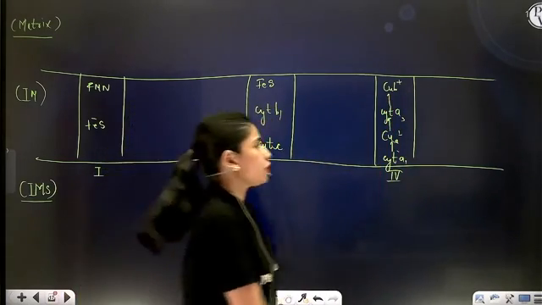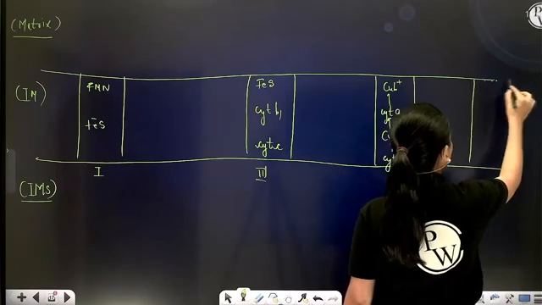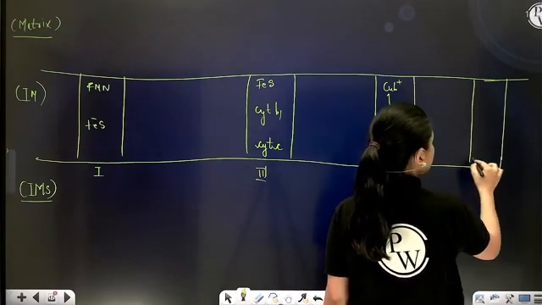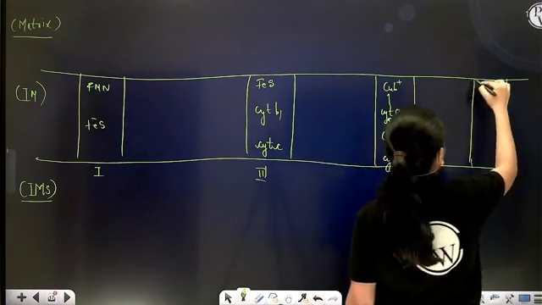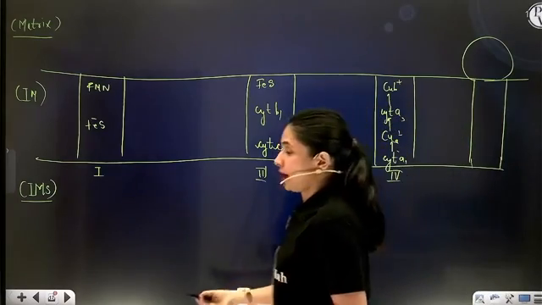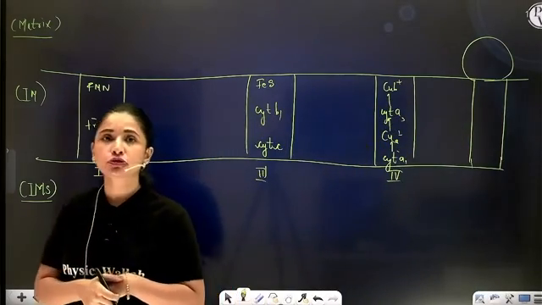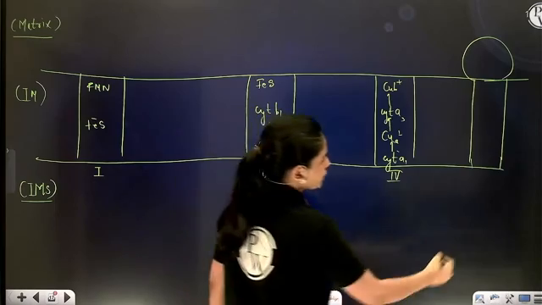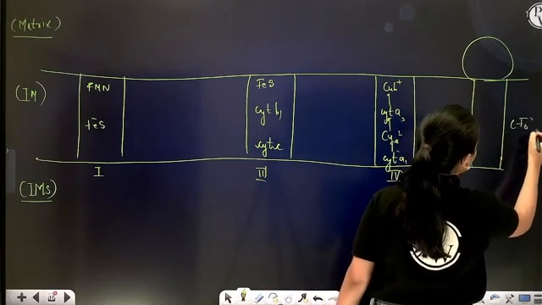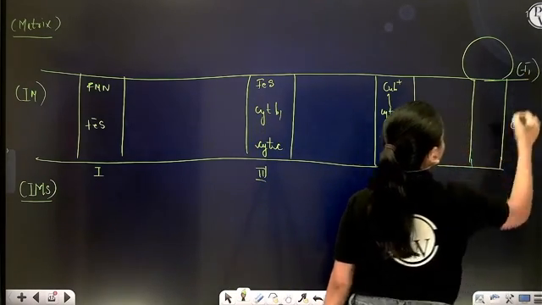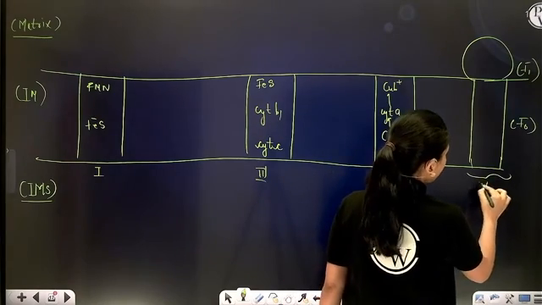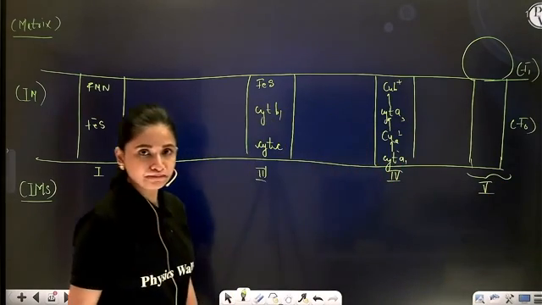Correct? Followed by complex 5 made up of 2 components, the F0 channel which is embedded in the membrane, and the F1 ATPase that is facing towards the matrix. So this is your F0 channel and this is your F1 ATPase, together called complex 5.